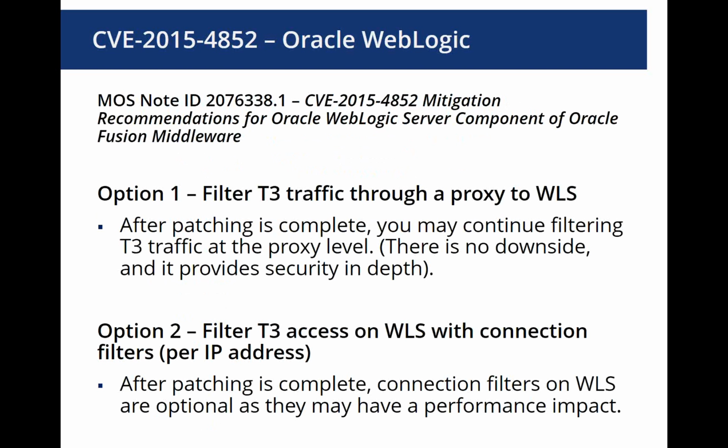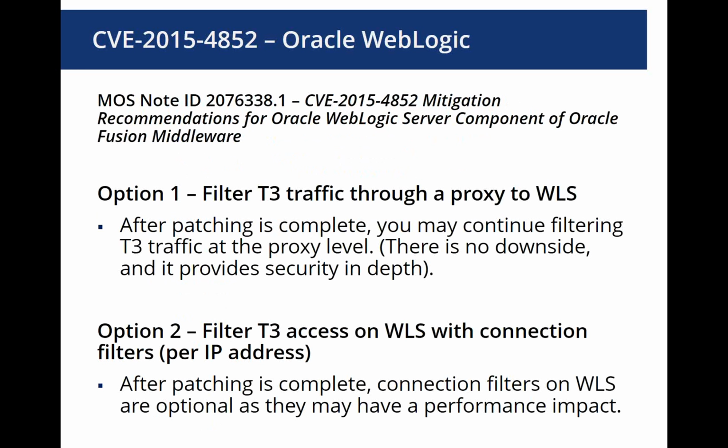Oracle says there may be a potential performance impact. We haven't seen that in reality. But if you can block this just to the application administrators or WebLogic administrators, you can now reduce the risk dramatically. Trying to get those IP addresses can be difficult, so some of the recommendations are using a jump server, so you use a Citrix server or something like that. You can also block this at the load balancer.